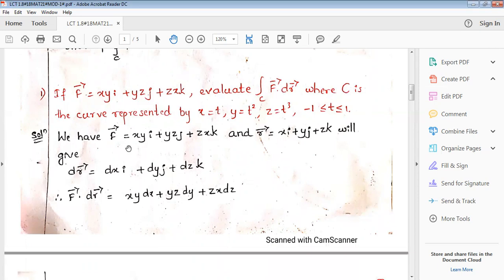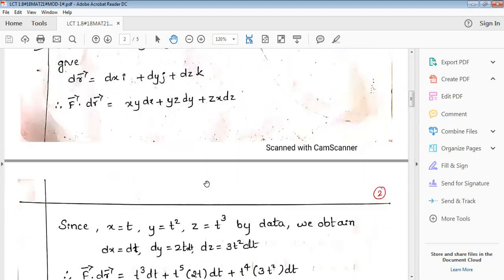So we have vector F as xy i plus yz j plus zx k and vector r as x i plus y j plus z k. So dr is equal to dx i plus dy j plus dz k. The dot product of vector F and vector dr is xy dx plus yz dy plus zx dz.